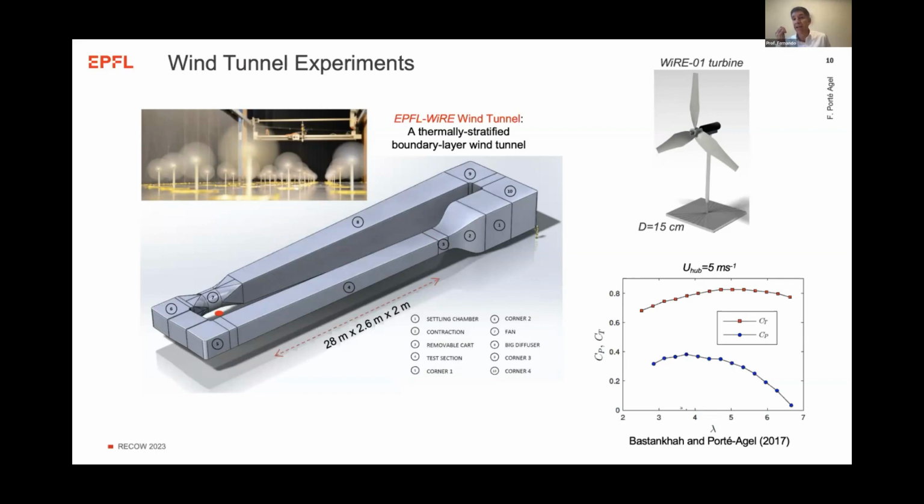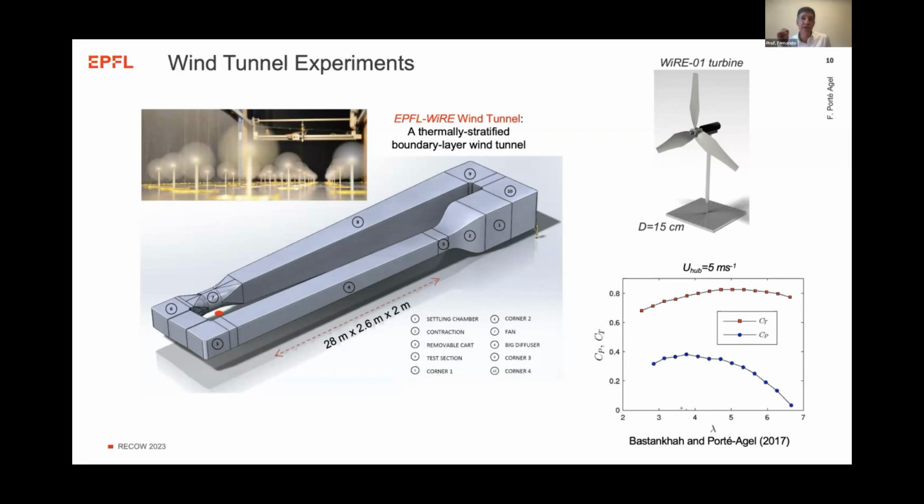So what we are looking at is what we call kinematic scaling. We try to match the tip speed ratio of the turbine. We try to match as much as possible two very important parameters: the thrust coefficient and the power coefficient. The thrust coefficient, you can see, is about 0.8, which is quite a standard value for large-scale wind turbines.